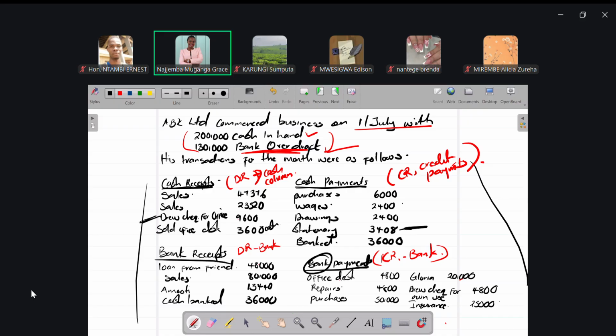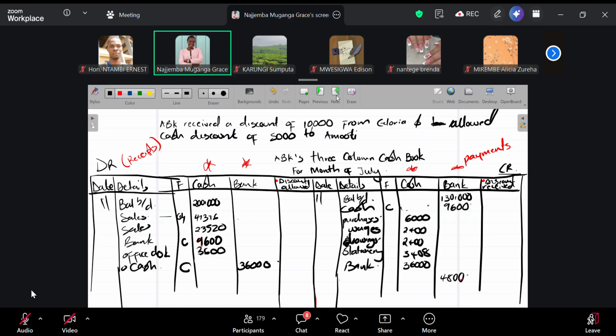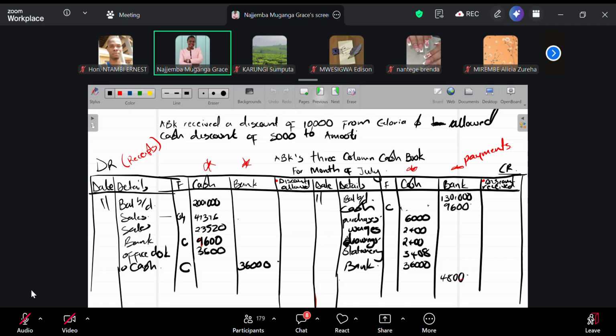So credit side through the bank, we have our first transaction of office desk. Office desk, bank, 4,800.